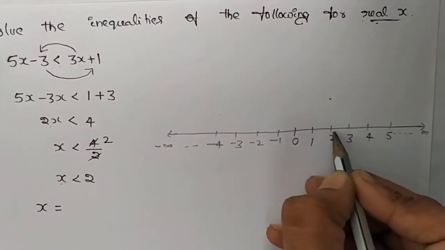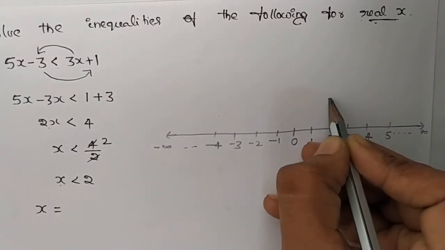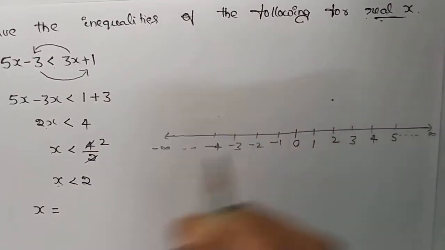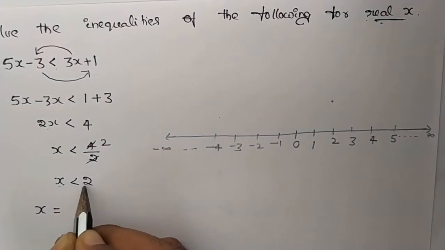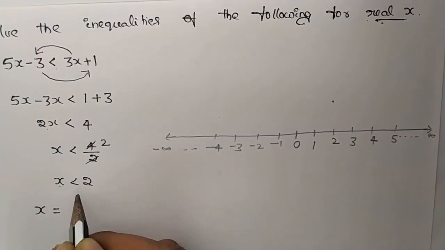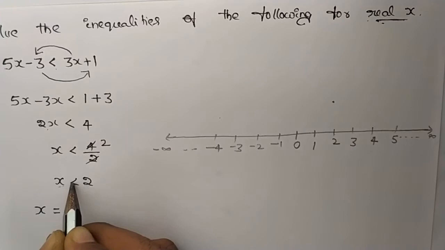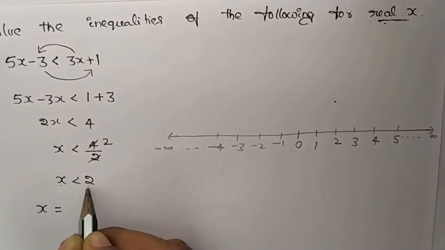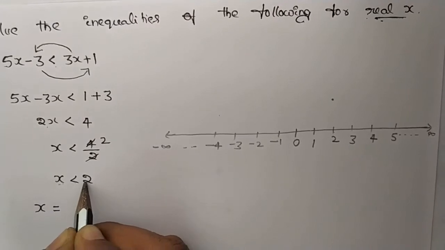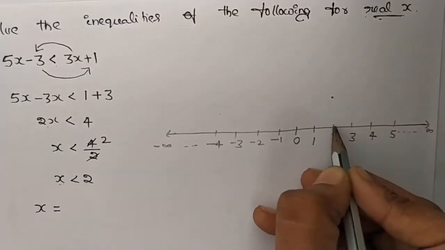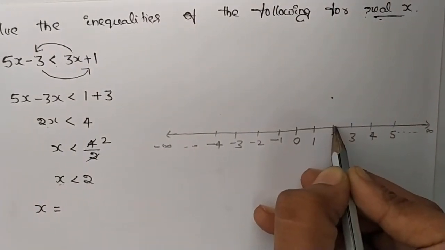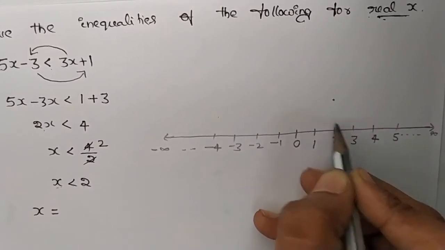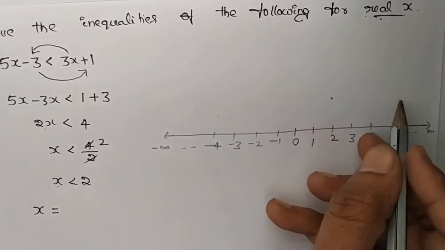Now, sorry, lesser values of 2, not more values. Lesser values of 2, where will they come in this number line? Left side or right side?